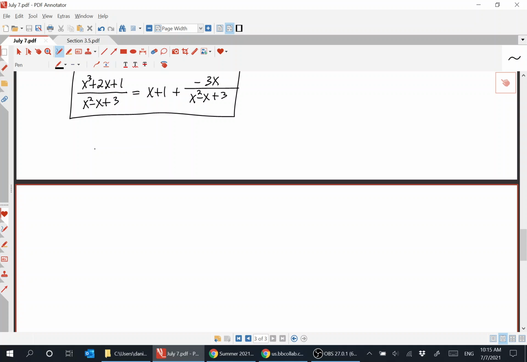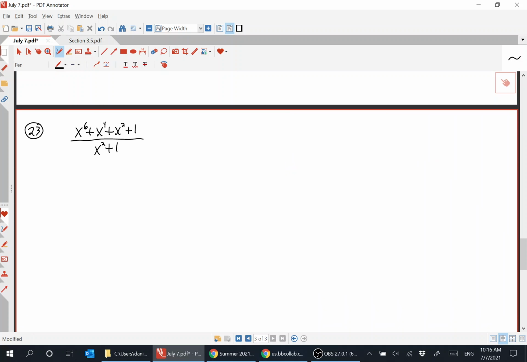Why don't we do, let's see, let's do 23. So x to the 6th plus x to the 4th plus x squared plus 1 over x squared plus 1. All right, so let us set up the algorithm for division.